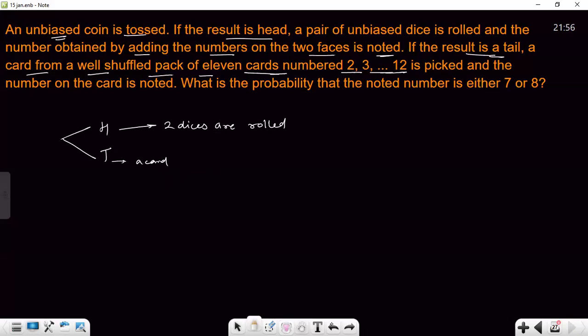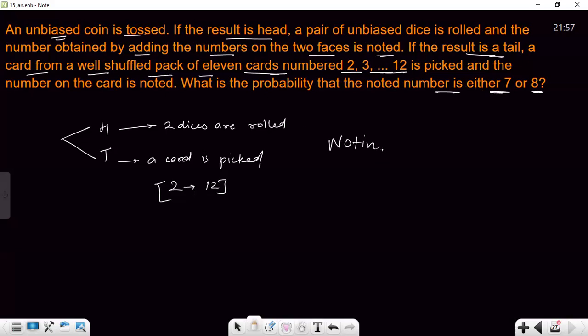I should write legibly. A card is picked from 2 to 12. Okay. And the number on the card is noted. What is the probability that the noted number is either 7 or 8? Earlier also we were noting a number.